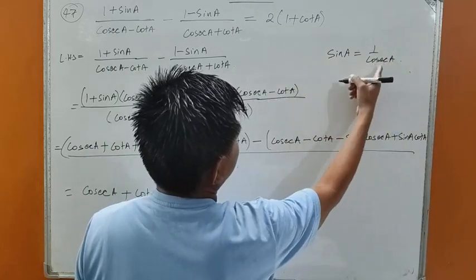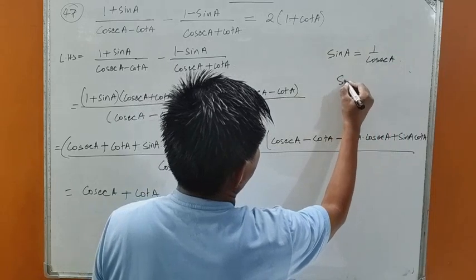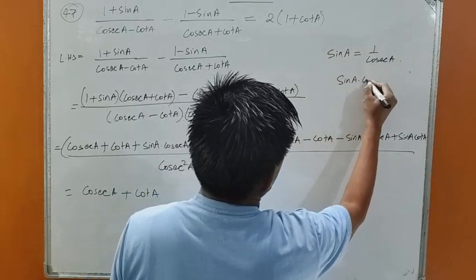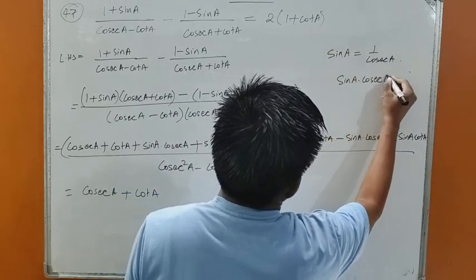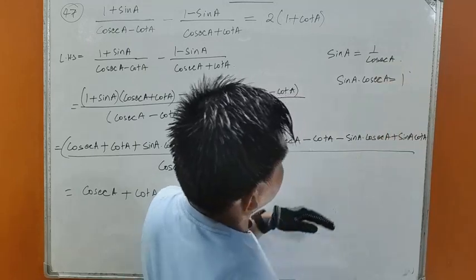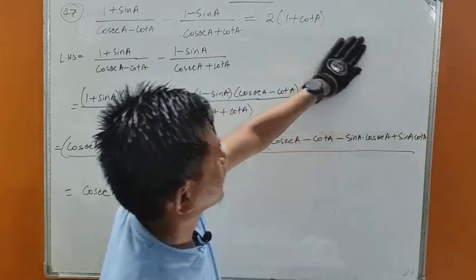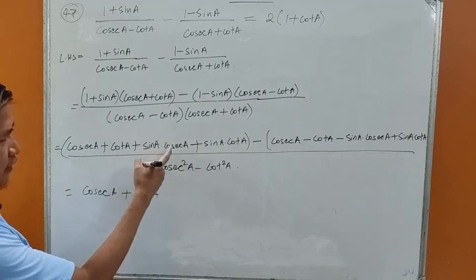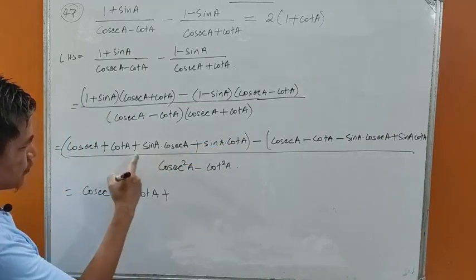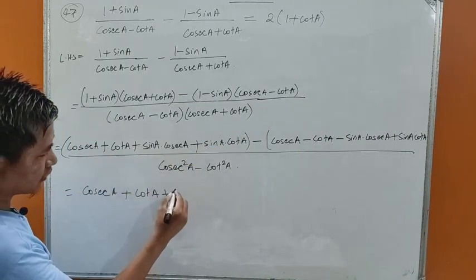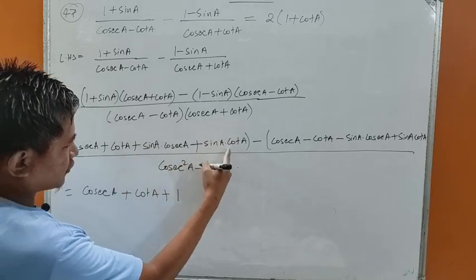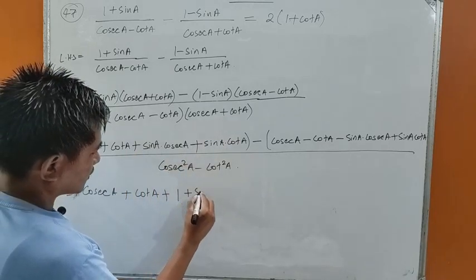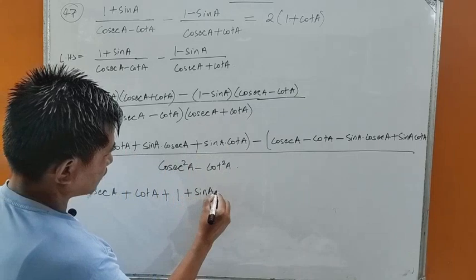So sin A and cosec A cross multiplied give us 1. So instead of sin A into cosec A, I write 1, plus sin A into cot A plus sin A into cot A.